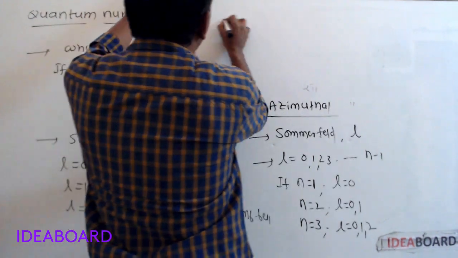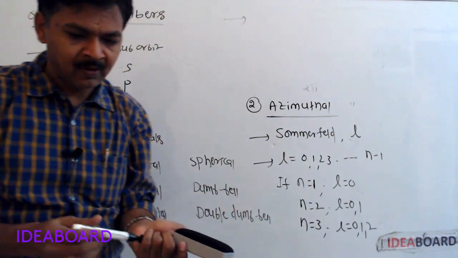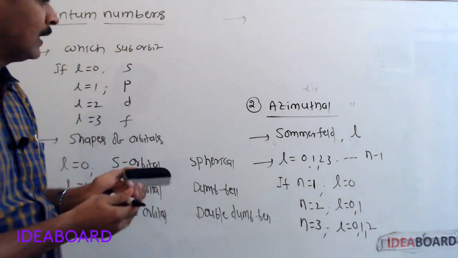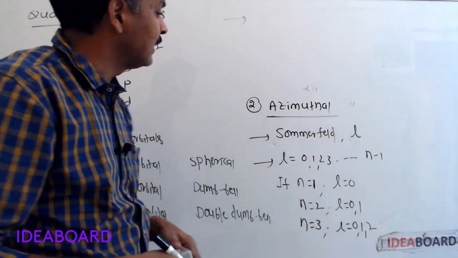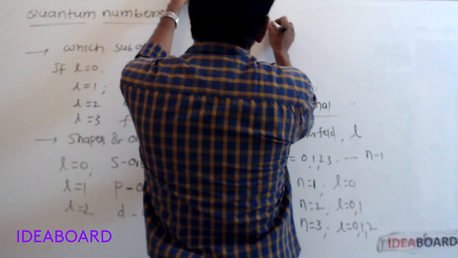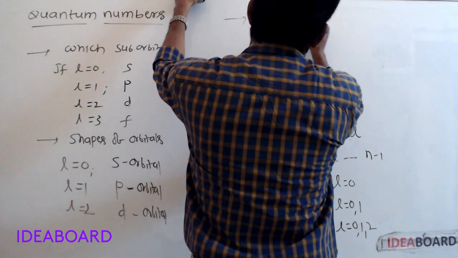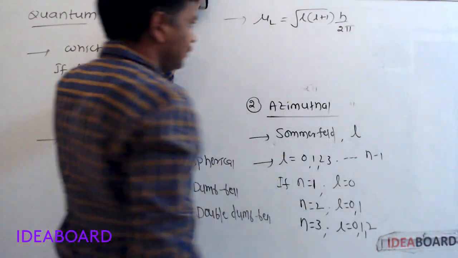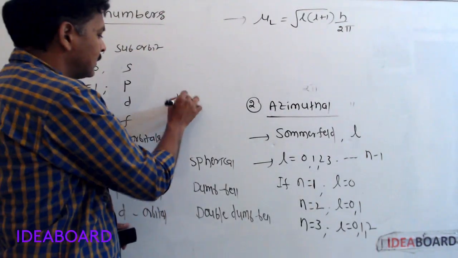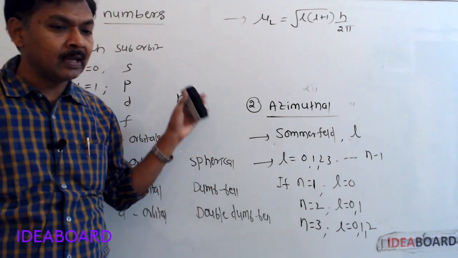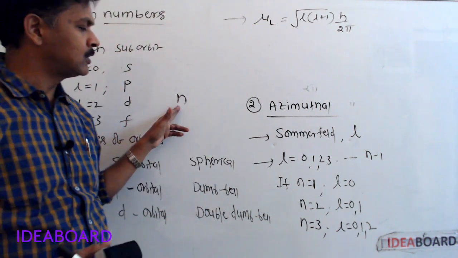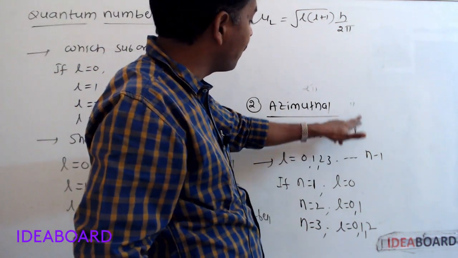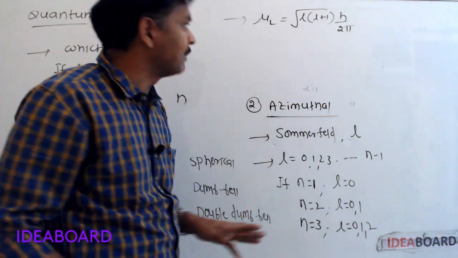And it gives the angular momentum of an electron in an orbital. μl is equal to the root of l(l+1) × h by 2π. n gives the angular momentum of an electron in an orbit, and l gives the angular momentum of an electron in a suborbit.